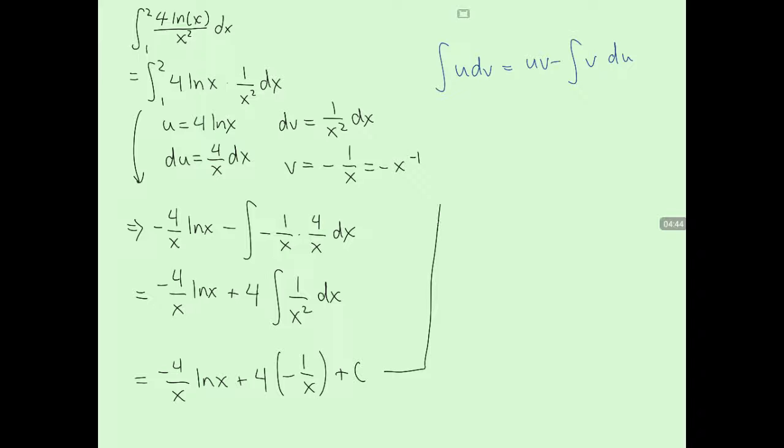To solve that, all we have to do is plug in our bounds of integration. So what we get here is negative 4 over x ln x, take away 4 over x, and we want to evaluate this at 2 and at 1 and subtract the results.